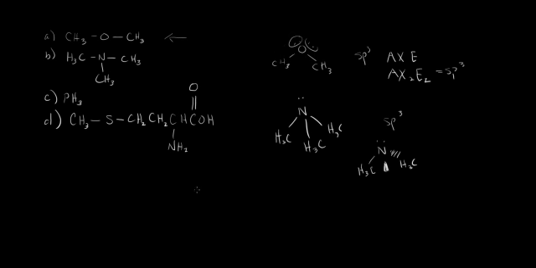Okay, let's go ahead and do C. C is quite easy. It looks like this: P with an H and an H, and you've got your lone pair right there, because phosphorus, as you know, has 5 valence electrons.